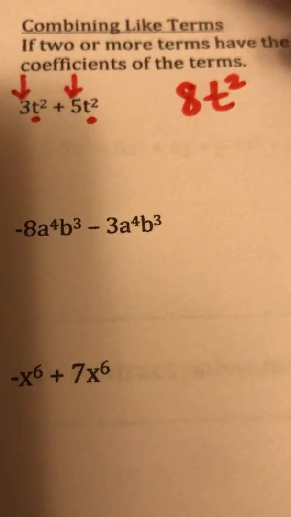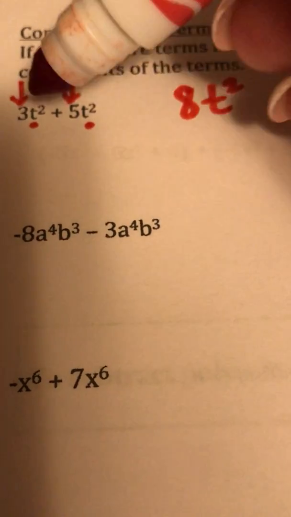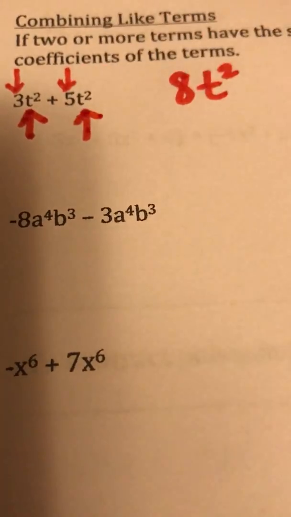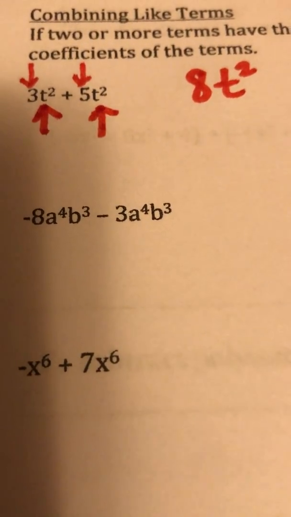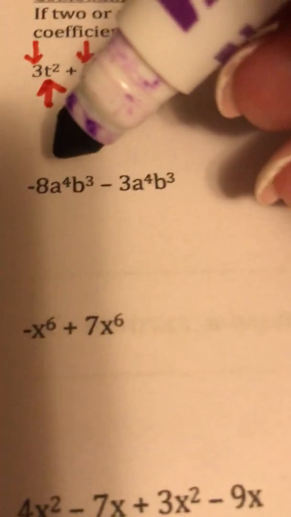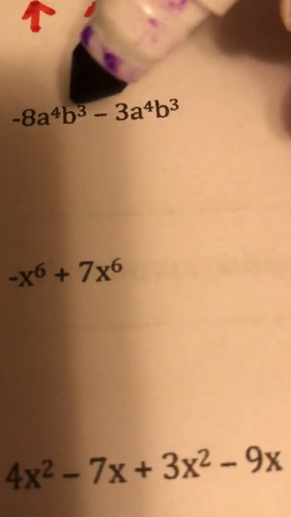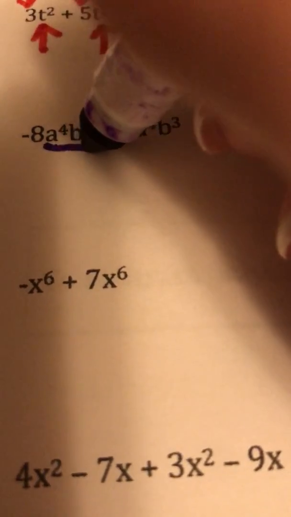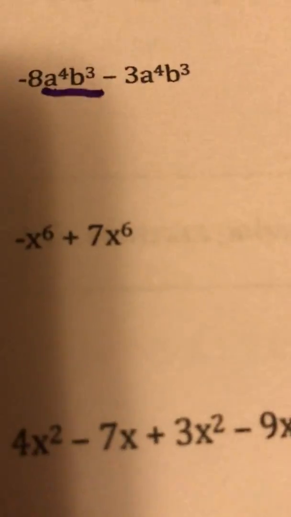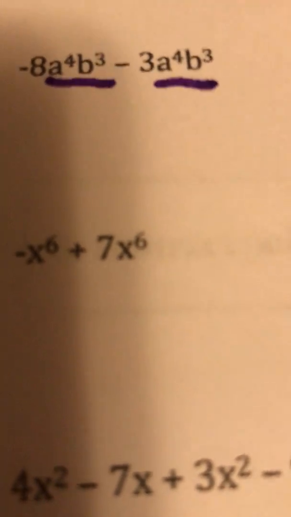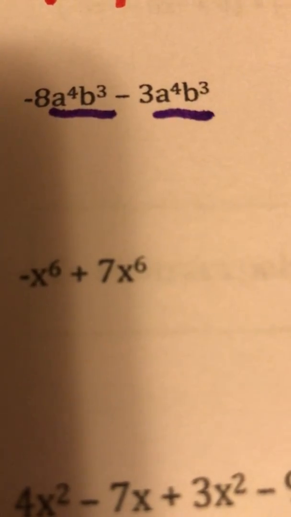So the only thing we have to make sure is that our term, the variable, is the same, raised to the same power, all right? So if we look at this next one here, we have negative a to the fourth b to the third, okay? So the variable that we're looking for here is a to the fourth b to the third. Now the next one also says a to the fourth b to the third, okay?